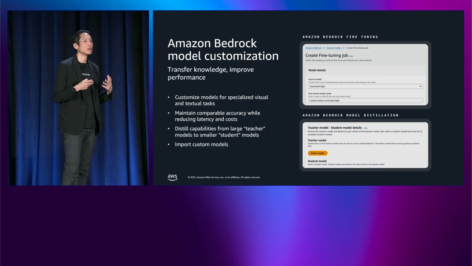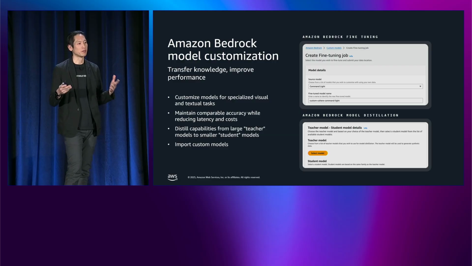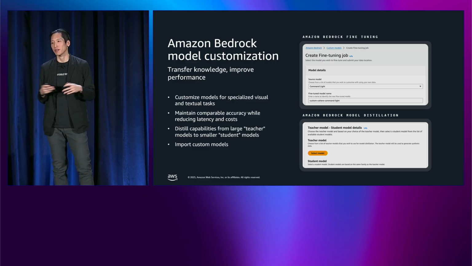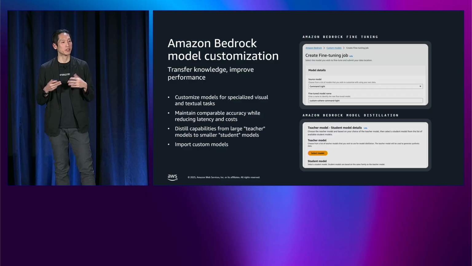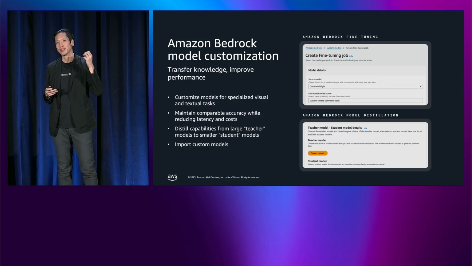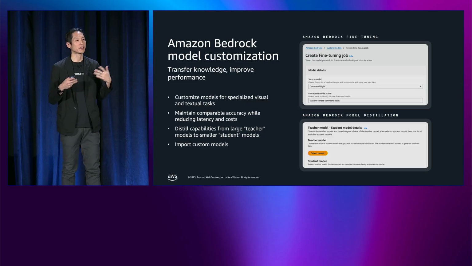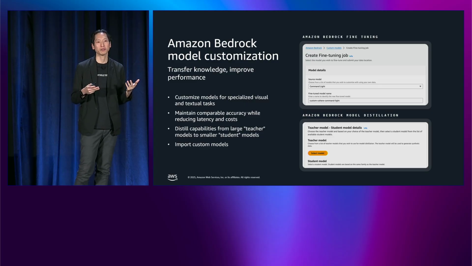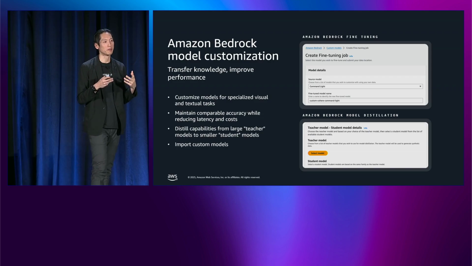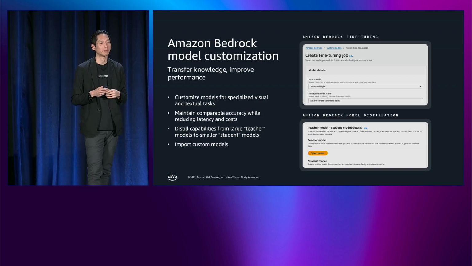When you look at the individual models themselves, you can customize them through a variety of methods through Amazon Bedrock. You can do straight fine-tuning, and you can also do distillation, where you take a teacher model and then bring the knowledge of that into a lighter model. Or you can do some advanced customization on your own through maybe SageMaker and bring those models into Bedrock through Amazon Bedrock's custom model import.